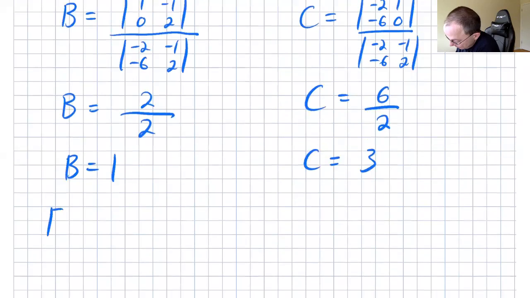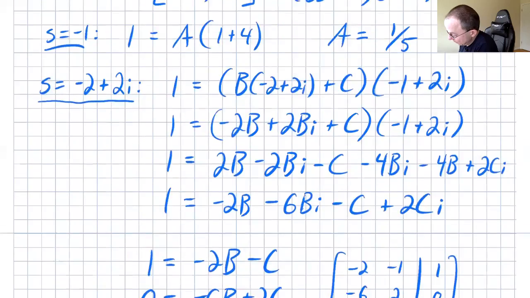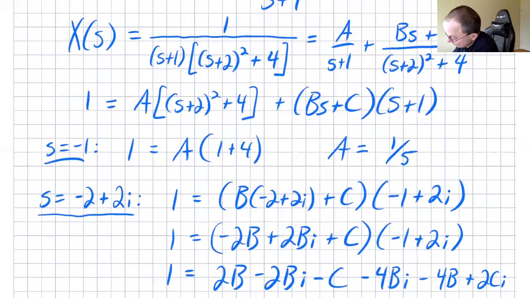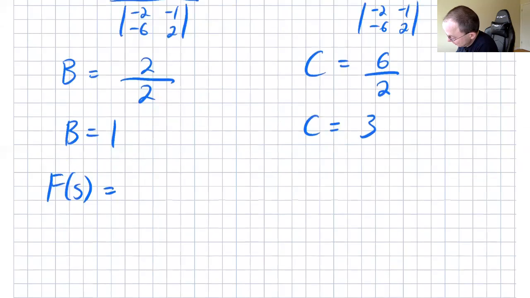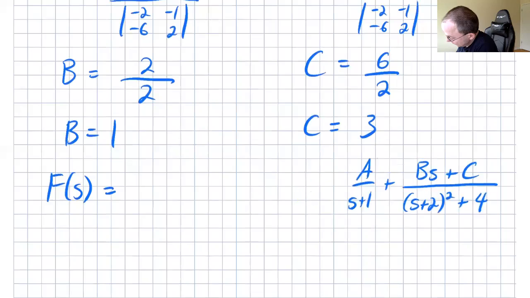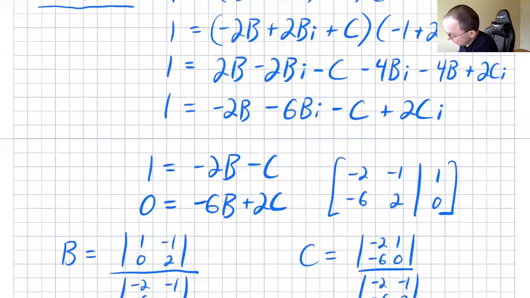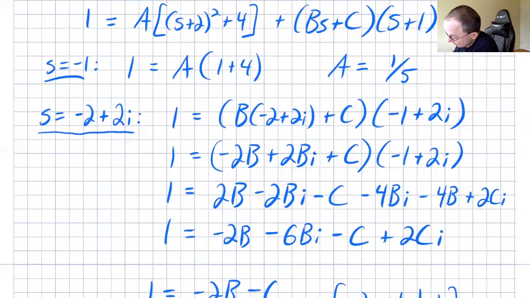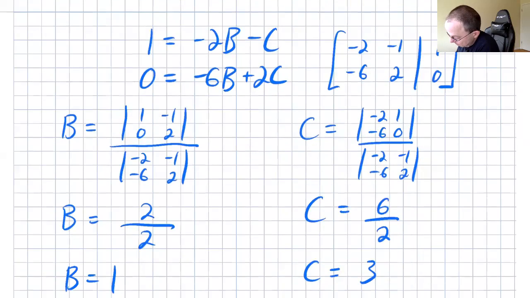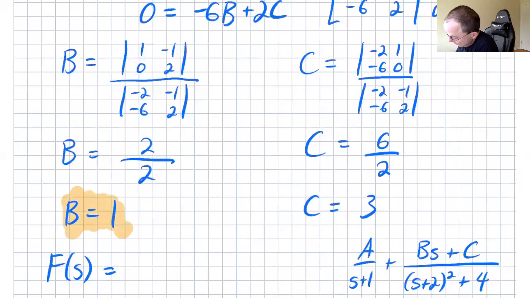So our Laplace transform is going to be, let's put that there, and let me just highlight this stuff. So a equals 1/5, b is 1, and c is 3.